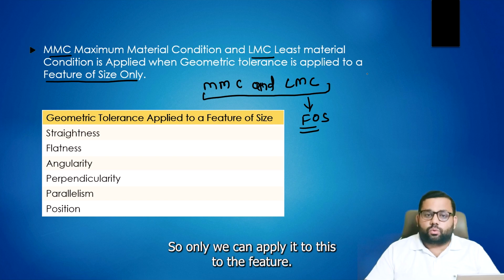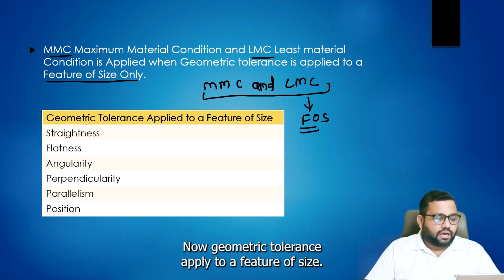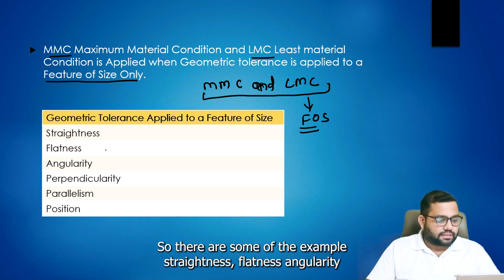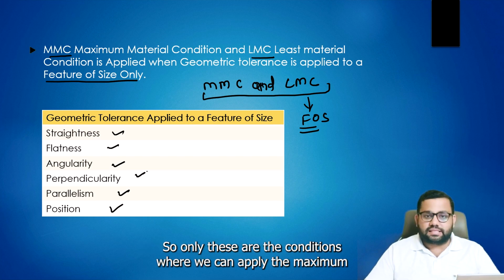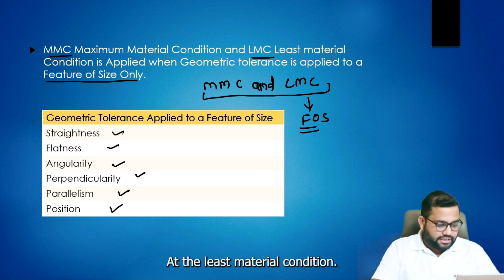Some examples of geometric tolerances applied to a feature of size are straightness, flatness, angularity, perpendicularity, parallelism, and position. Only in these conditions can we apply the maximum material condition or the least material condition.